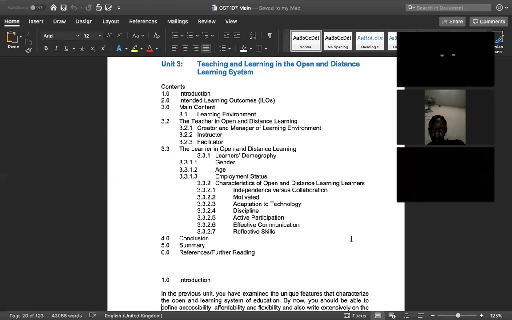Now, if you look at open and distance learning, the first thing I did was to talk about the learner's demography: the gender, the age, and the employment status of the students. One of the things I've discovered via research, because if you read this unit, you will see some of my work that I refer to.